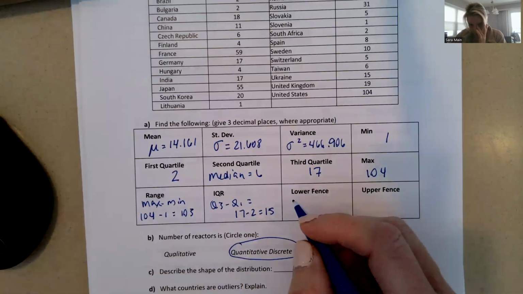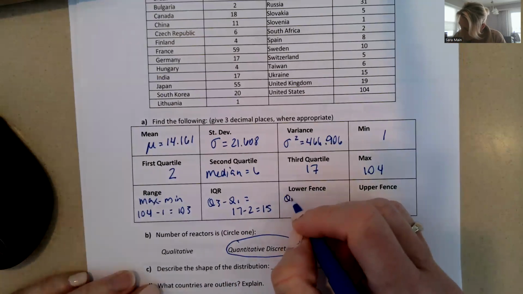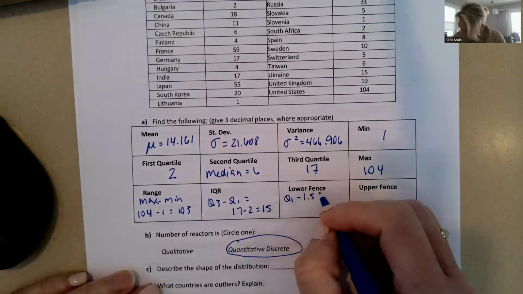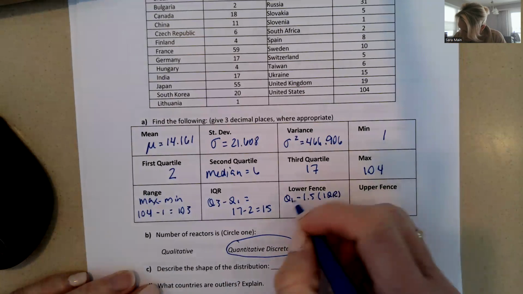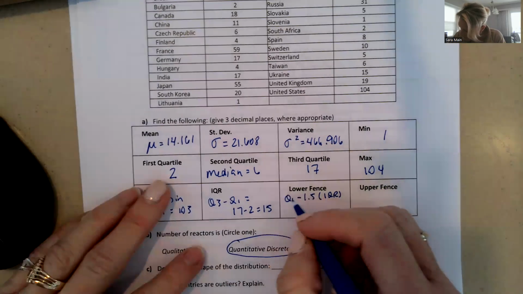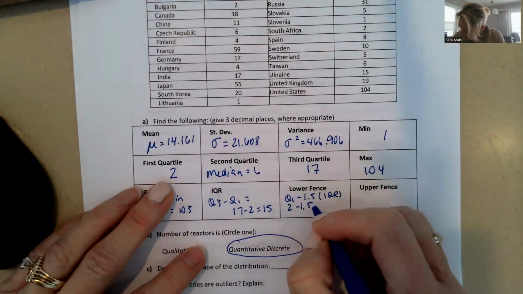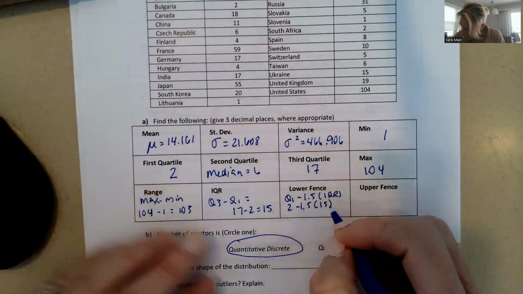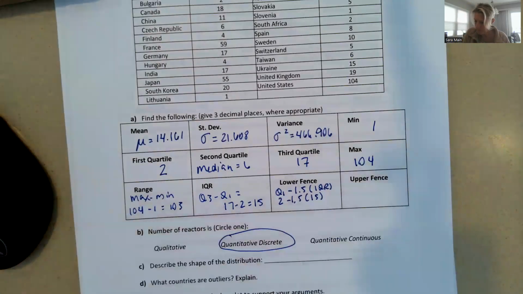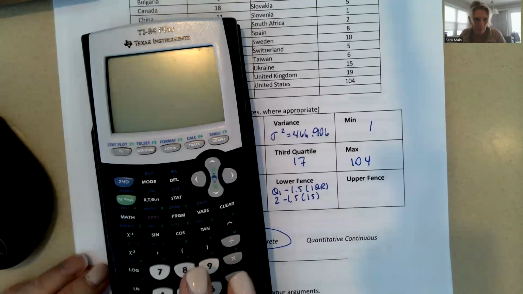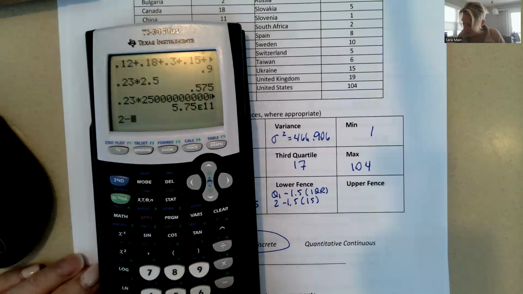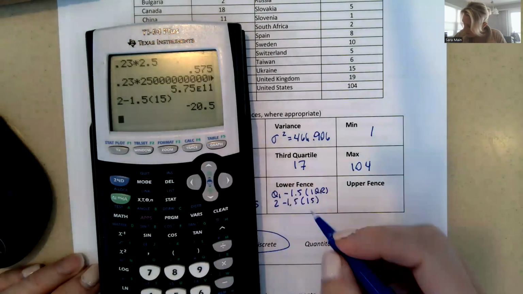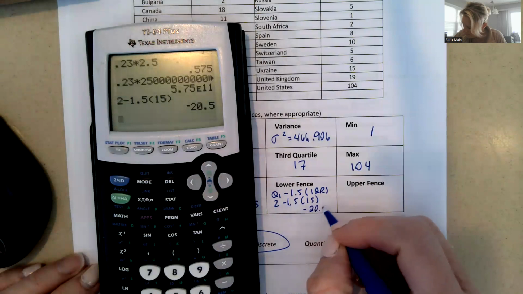The lower fence is Q1 minus 1.5 times the IQR, which is going to be 2 minus 1.5 times 15. So 2 minus 1.5 times 15, and we get a negative 20.5.